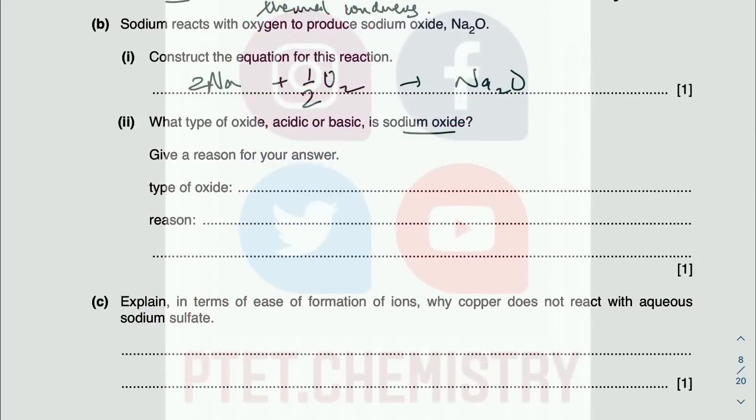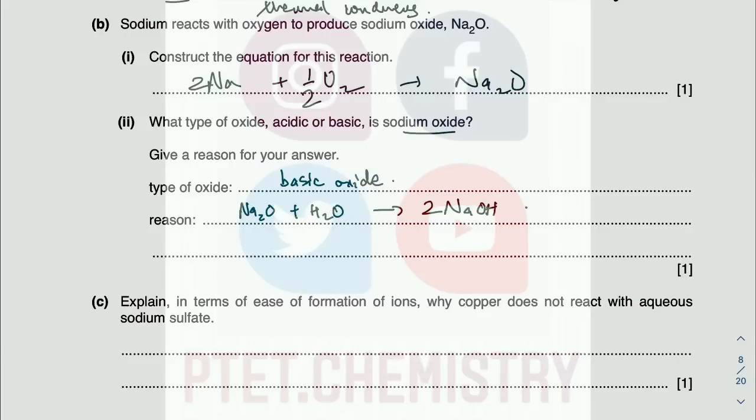So sodium oxide is a basic oxide. I can write it out for you, or the best thing is I can show you what happened. When you want to say it's a basic oxide, when you react that with water, what you're going to get is NaOH. You balance the equation.